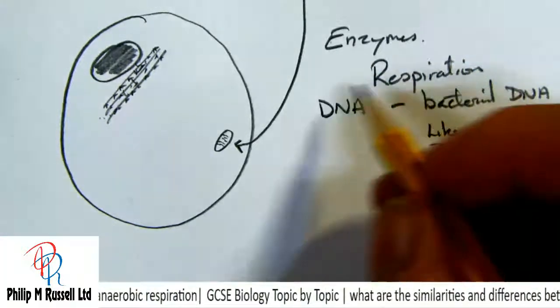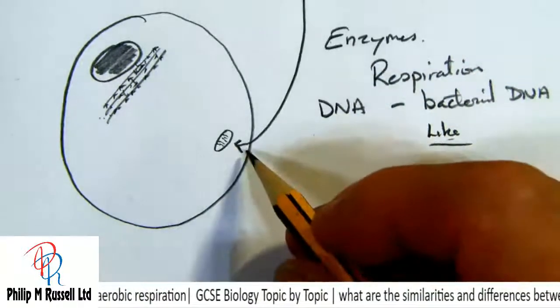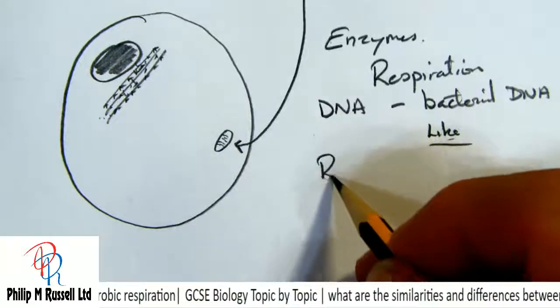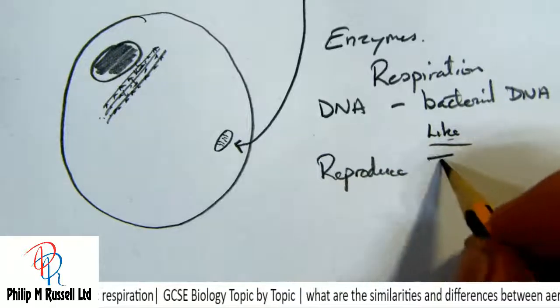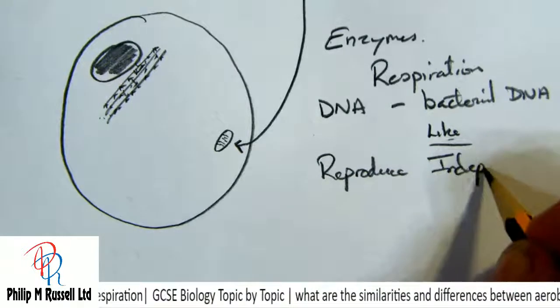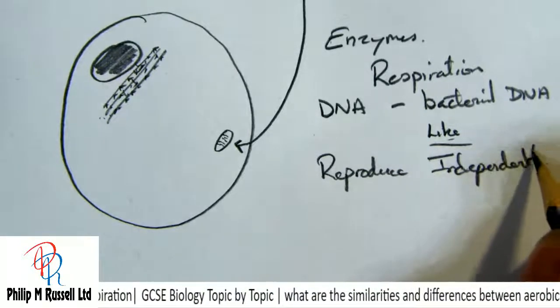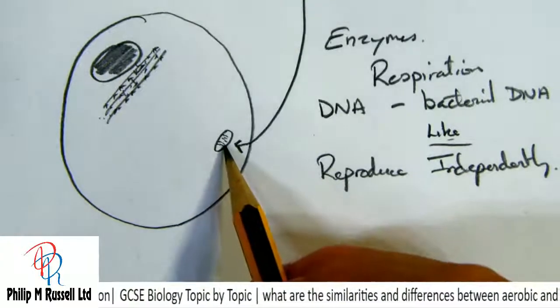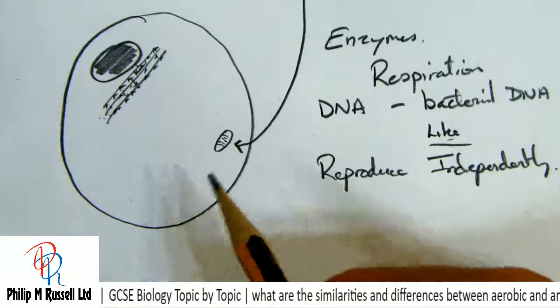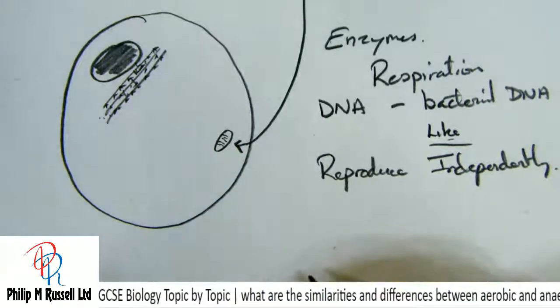And so these things, they reproduce independently. So this little thing is the little powerhouse of the cell.